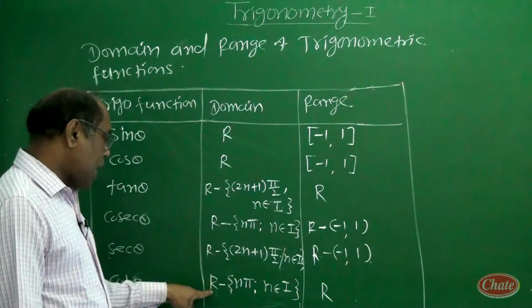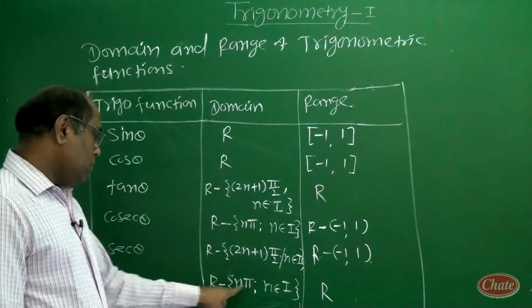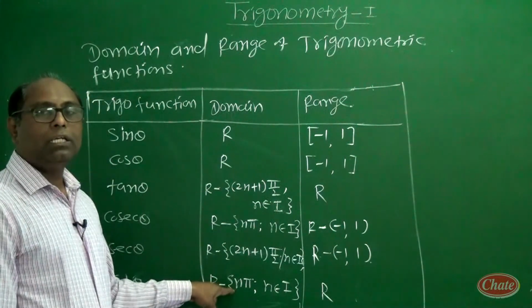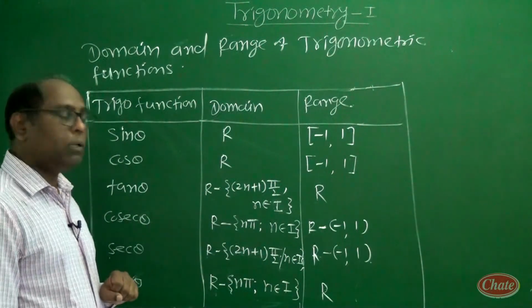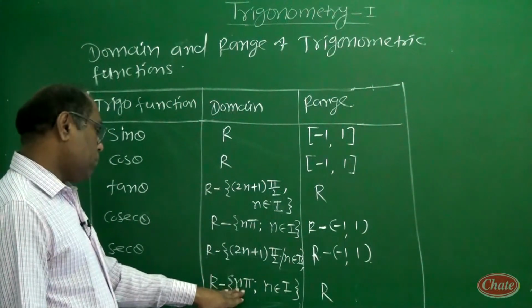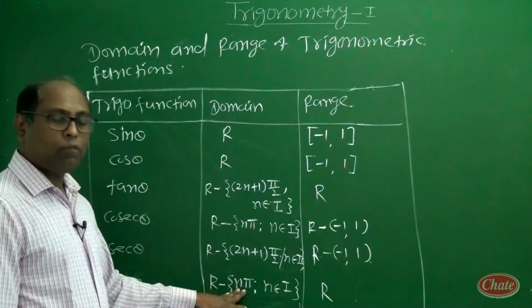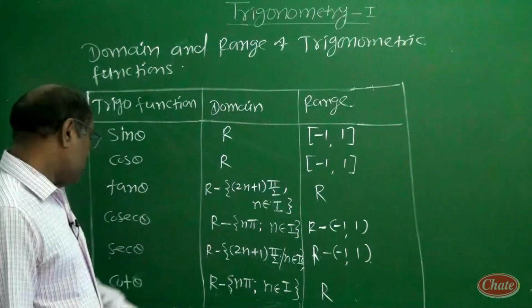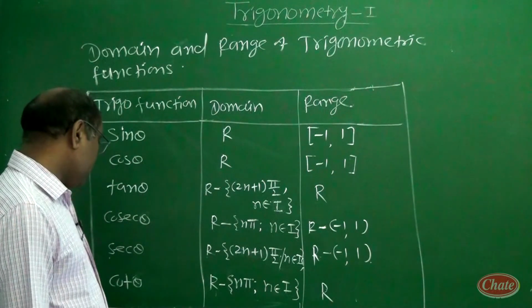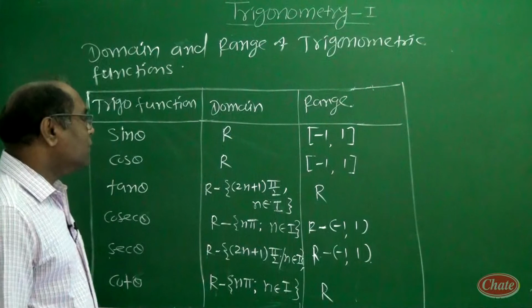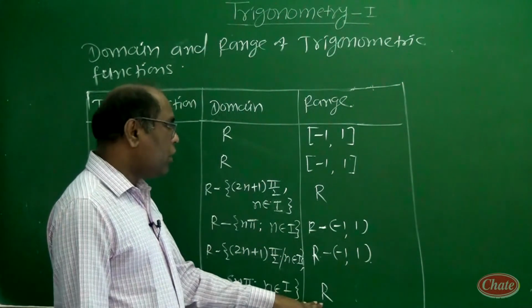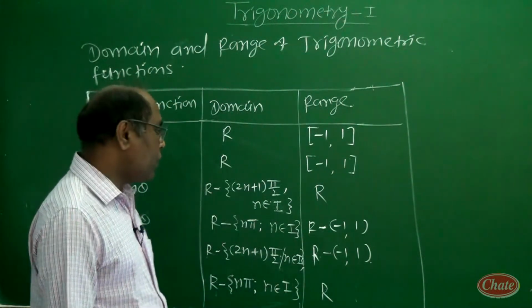Its domain is R minus n pi, meaning R minus the multiples of pi, meaning pi, 2 pi, 3 pi, 4 pi, etc. So the domain of cot theta is R minus n pi, and the range is the set of real numbers.